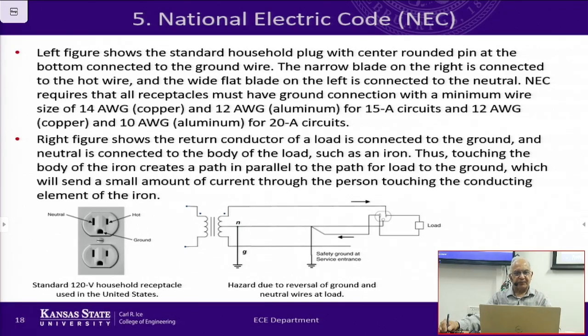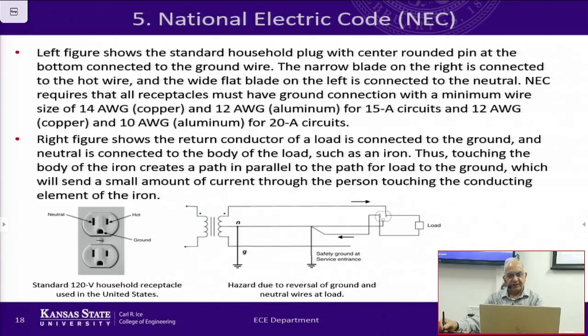So 14 AWG copper, or if you want to use aluminum, you have to use a bigger size wire. And this is for 15 amp circuits, and if you have a 20 ampere circuit, then you have to use bigger wires.